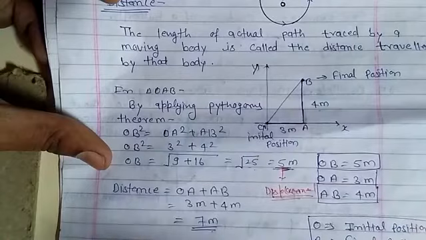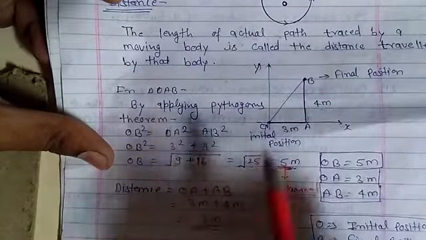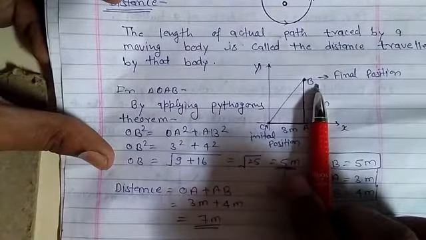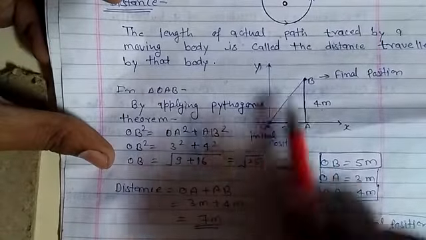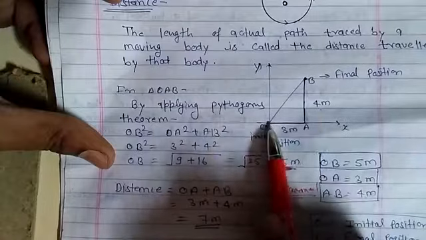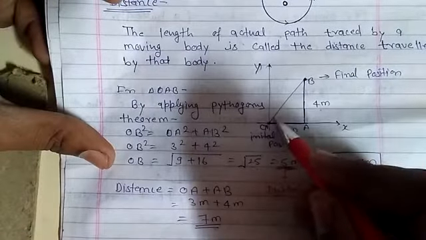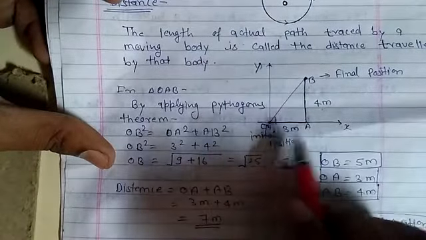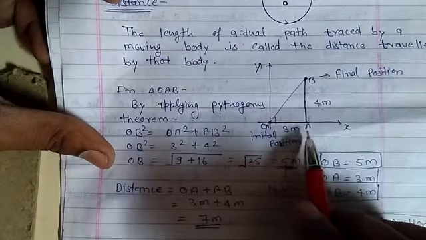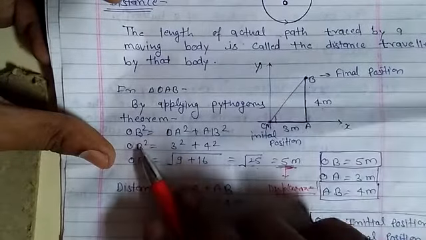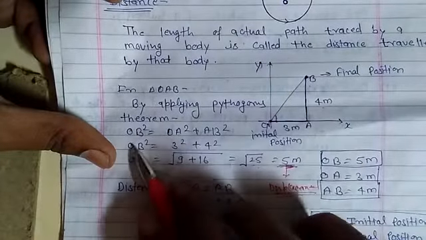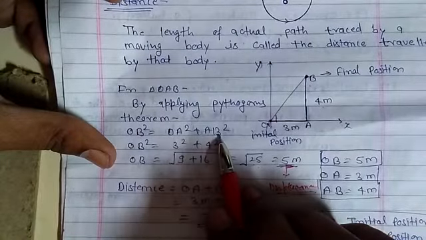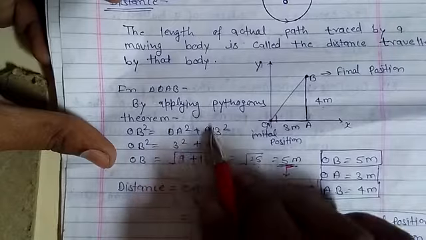What? Displacement. It means this is the triangle OAB. By applying the Pythagoras theorem, OB is the hypotenuse, OA is the base, and AB is the altitude. Then OB square is equal to OA square plus AB square, so OB square equals 3 square plus 4 square.